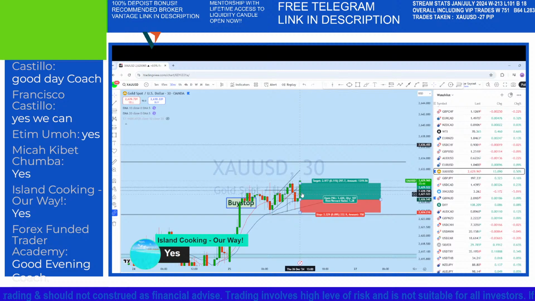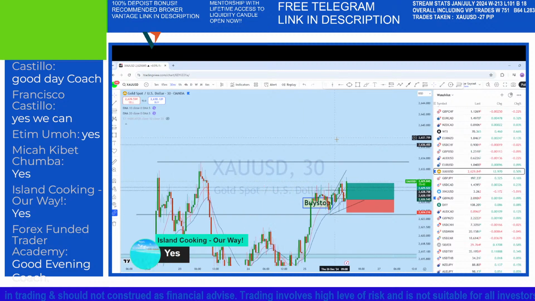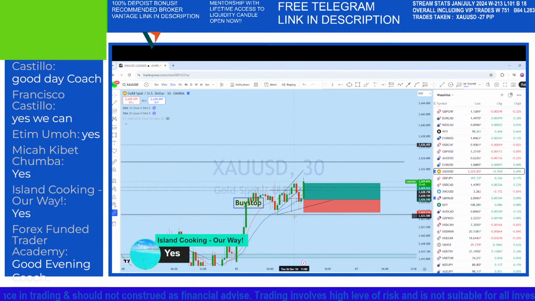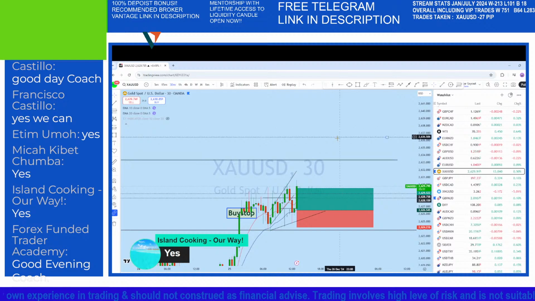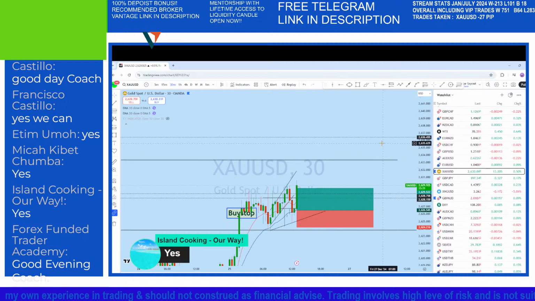So after multiple retests, it managed to break. And because there were many drops and liquidity grabs, the expectation to go back up to the upside is higher as the data is coming up.